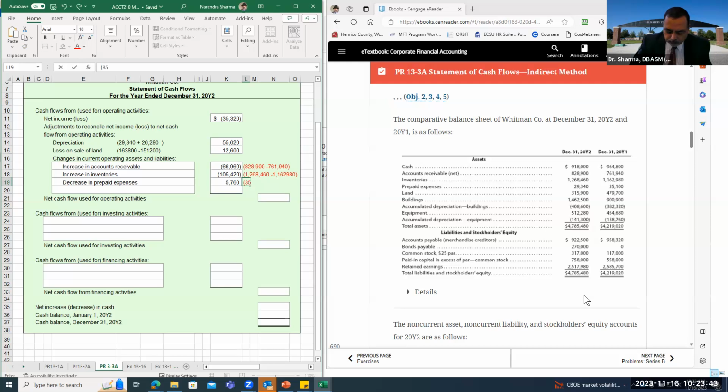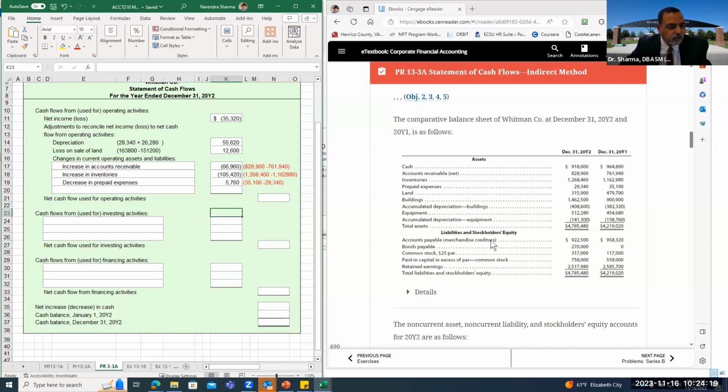We will subtract 35,100 minus 29,340. So the difference between the higher amount and the lower amount, but the signs will depend on the concept. Increase in current asset minus, decrease in current asset plus, increase in current liabilities plus, decrease in current liabilities minus. So now we have finished with the current assets. So let's go on to current liability.